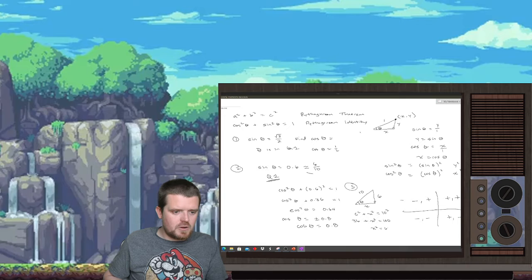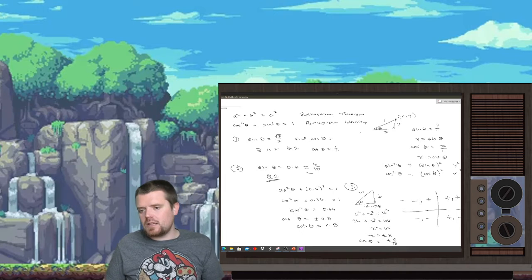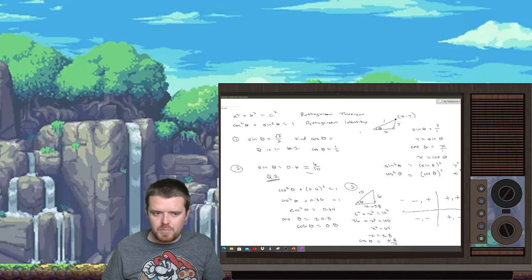I would subtract 36 on both sides, and then I would take the square root. By defining x as plus or minus 8, that would mean cosine is plus or minus 8 over 10. And I would still need to identify which quadrant it's in, but 0.8 is the same as 8 over 10.